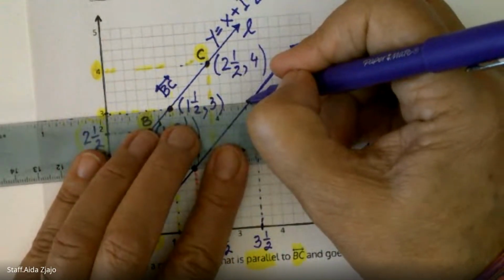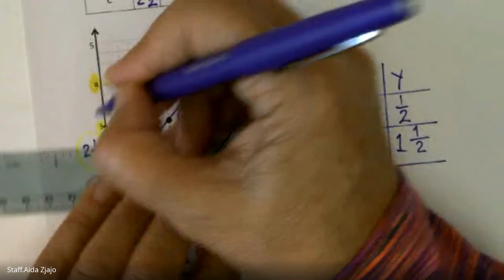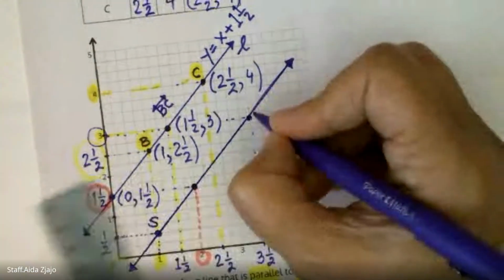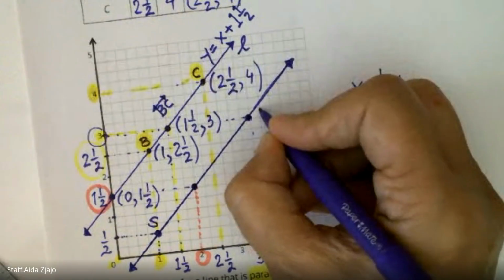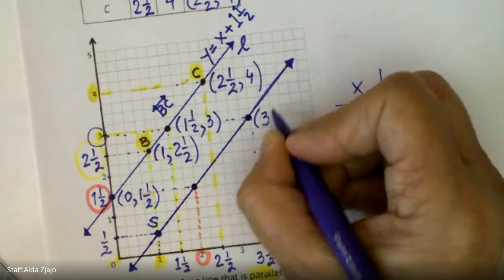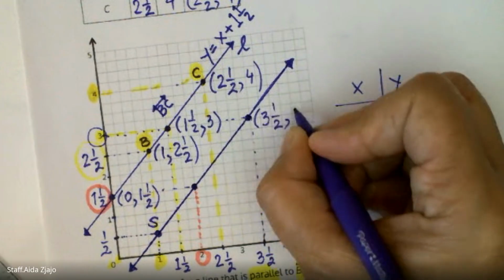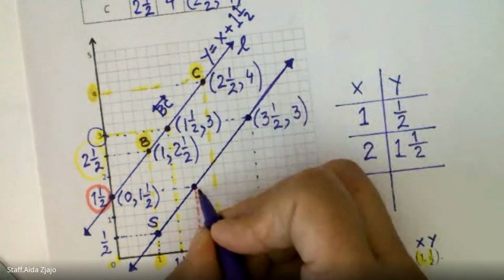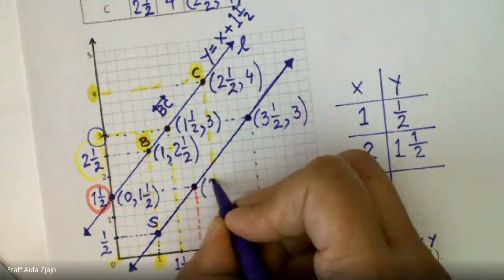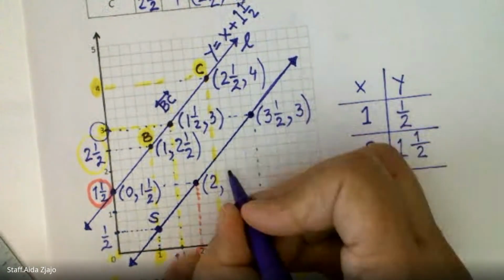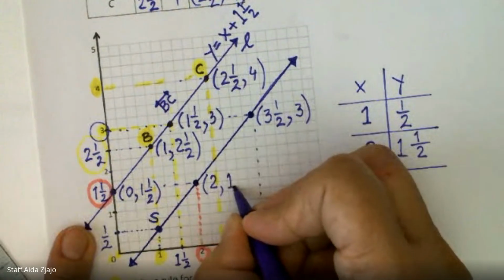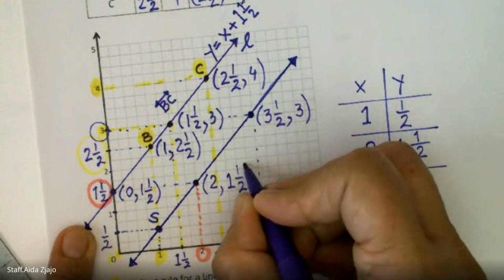So when I look back, my y is 3. So this one here is 3.5 and 3. And then this one here, if x is 2, y is 1 and 1/2.